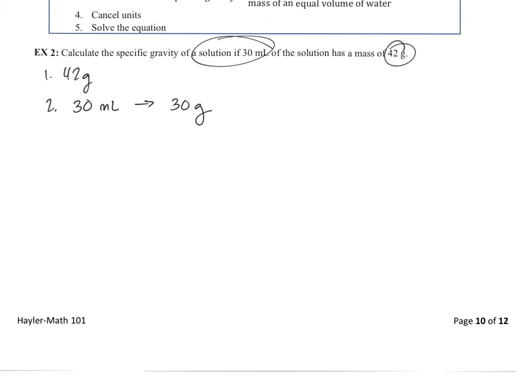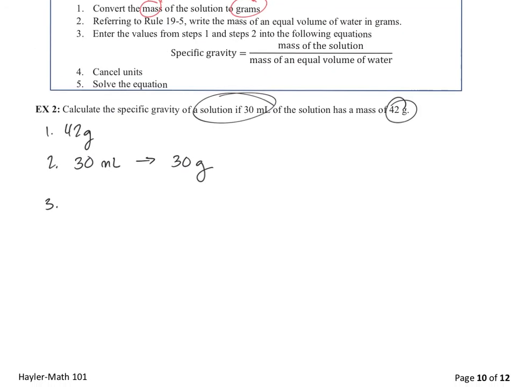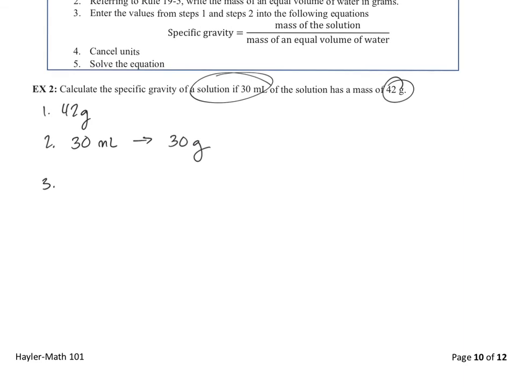Step 3, we fill out our equation. Specific gravity is equal to the mass of the solution, which is 42, divided by the mass of an equal volume of water, 30 grams.